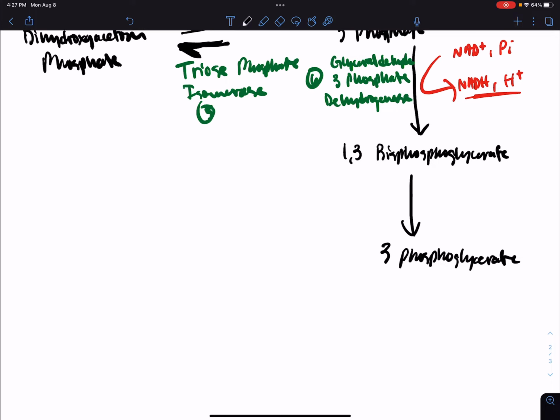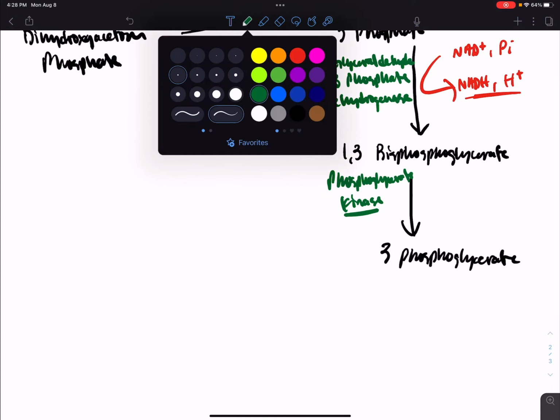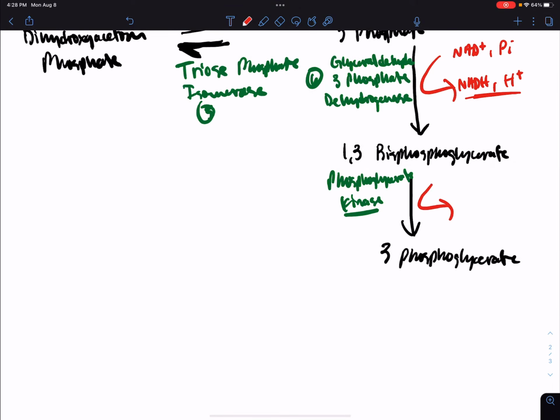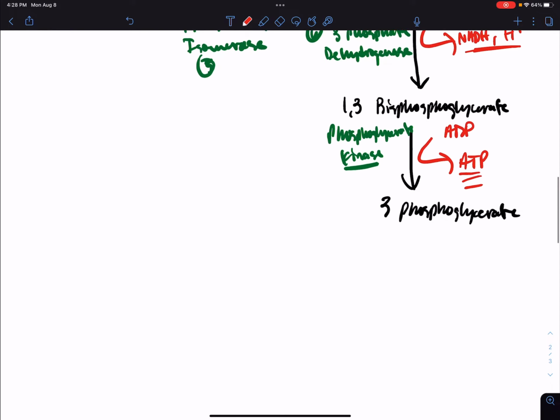So we have a kinase enzyme here that is taking care of us: phosphoglycerate kinase, because something else is being phosphorylated. And we have an ADP coming in here and an ATP paying out. So here's one of our payouts, right?